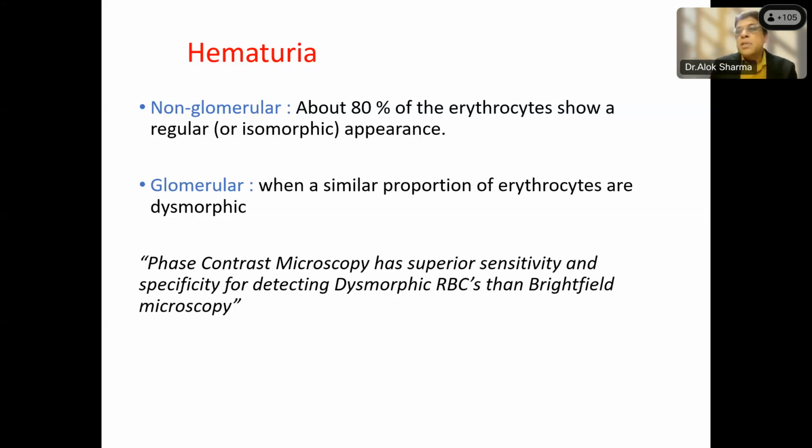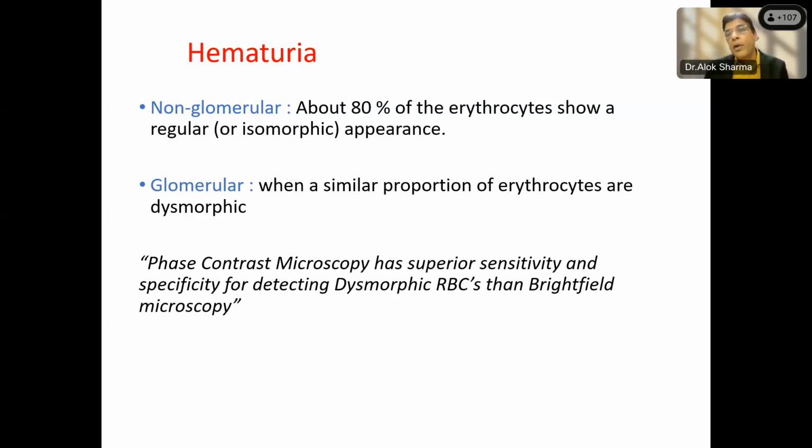More than 80% dysmorphic, although it's very controversial, so you really cannot have a strict cutoff here. But when you have a significant number of RBCs which are dysmorphic, and most laboratories take the threshold as 80%, then we suspect a glomerular hematuria. So when you have more than 80% of RBCs which are dysmorphic, it is a strong indicator of glomerular hematuria, meaning those RBCs are coming into the urine as a part of some glomerular pathology.